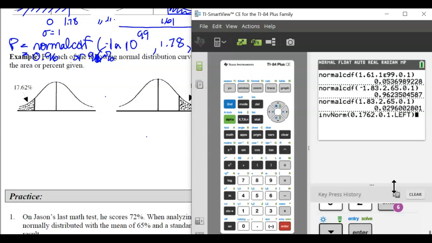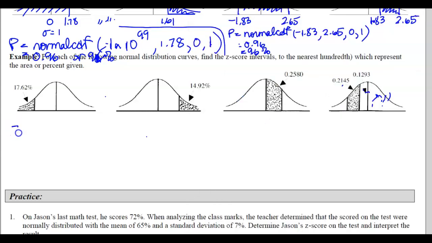Okay, so you would have here, our z-score is going to equal inverse norm.